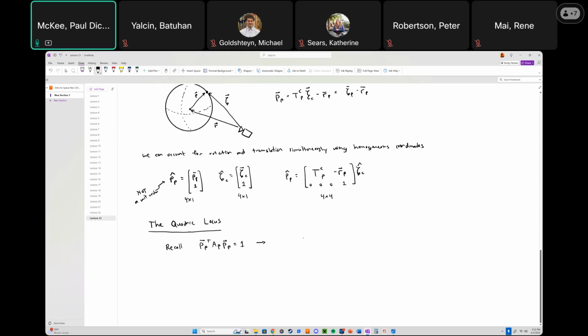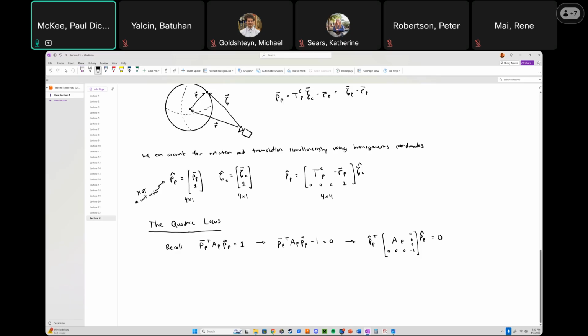Or you could just as easily say P transpose A_P P minus 1 equals 0. That's fine. So you could write this in matrix form and say P hat transpose, and then we've got A_P, which is the 3 by 3, 0, 0, 0, 0, 0, 0, negative 1, and then P hat equals 0.